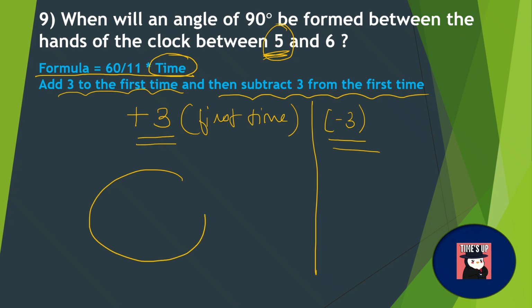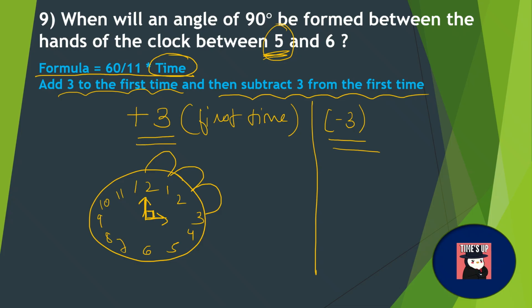Because if you see in a clock, okay, this is the clock suppose. Now, a right angle can be formed here, suppose. My minute hand is like this and your hour hand is at 3, suppose. Okay. So from 12 to 1, 1 to 2 and 2 to 3, a right angle is formed here.